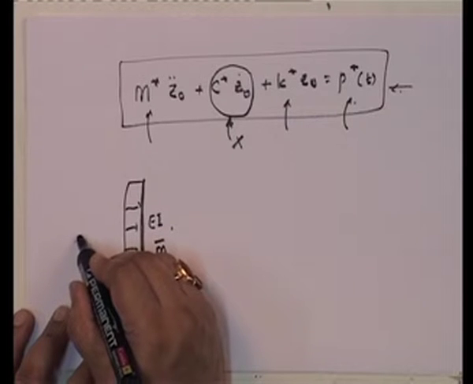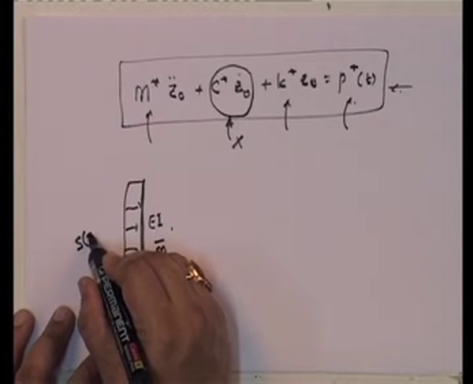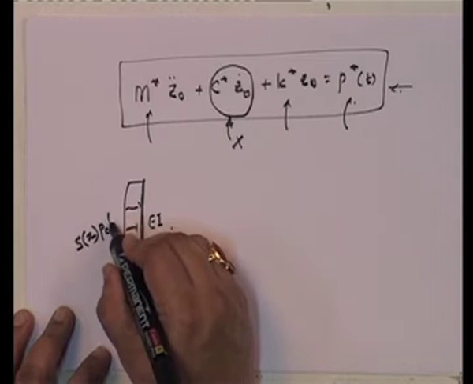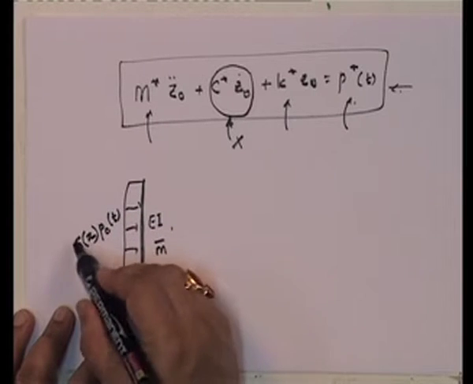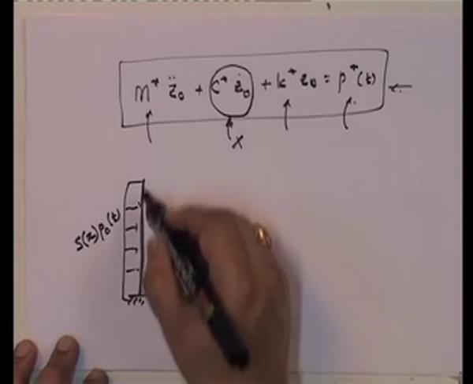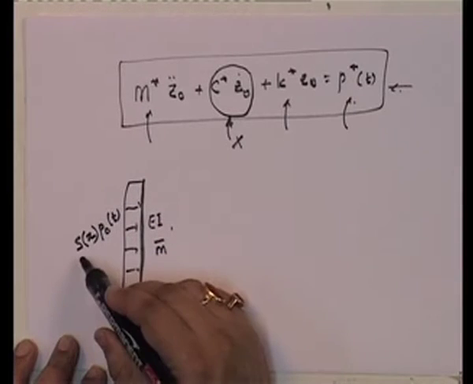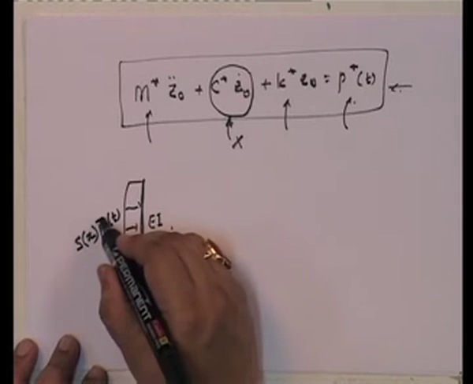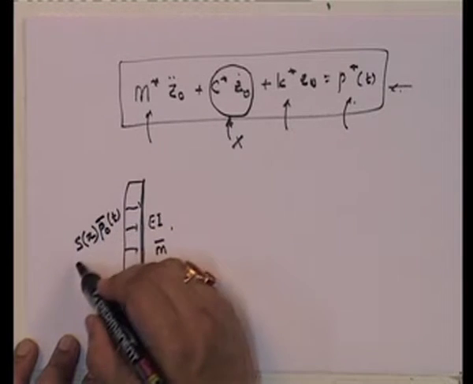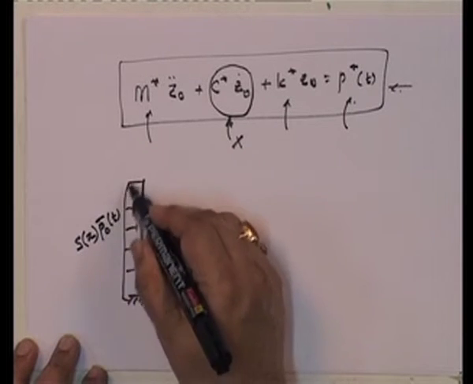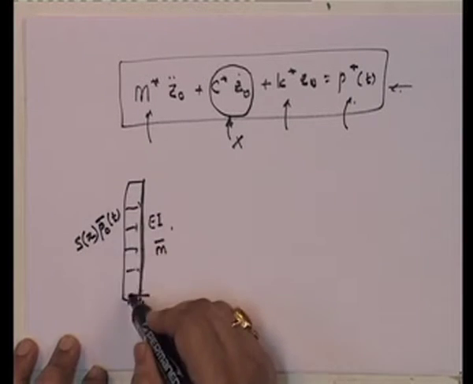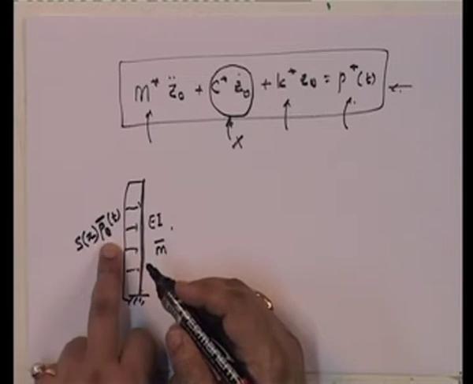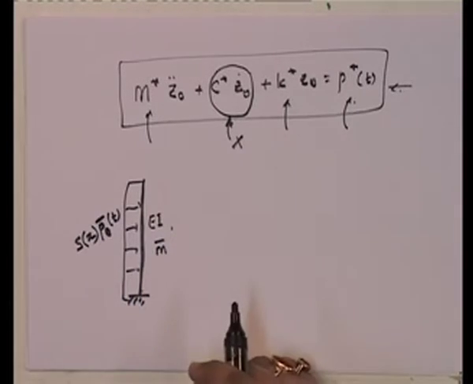I will say that the load is given as zeta x into p naught of t. Okay. In other words, what we are saying is, okay, remember, if it is a uniform load, what is zeta x? Well, zeta x is nothing but 1. Okay. So, this zeta x looks at the variation of the load, and this is the load per unit length, which defines the intensity at a particular point.